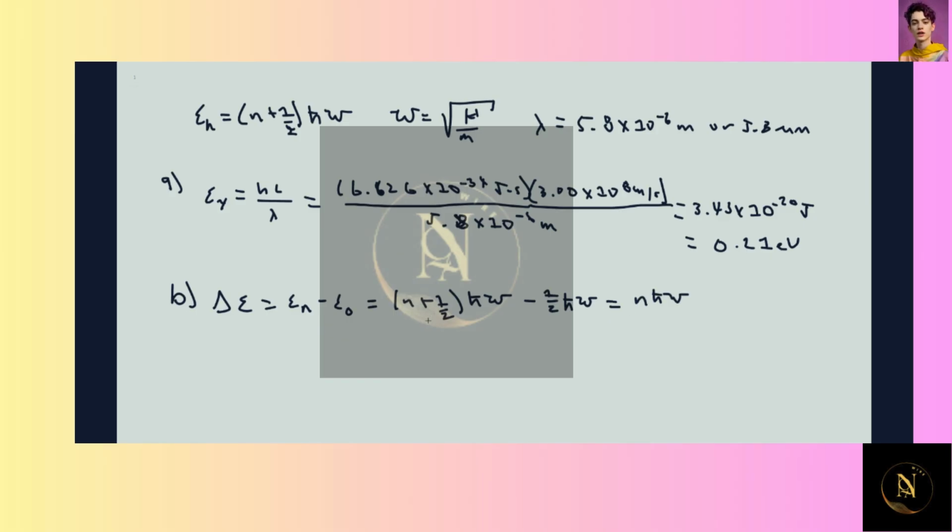And since the problem states that it's going to the first excited state, n is equal to 1, so this is equal to h bar omega, which is equal to h bar times the square root of k prime over m.